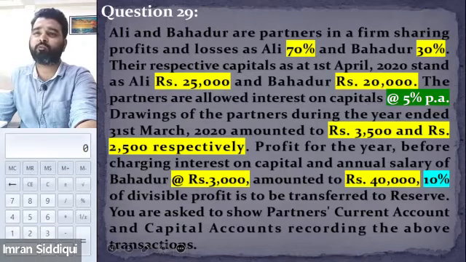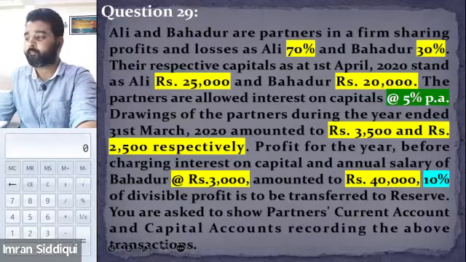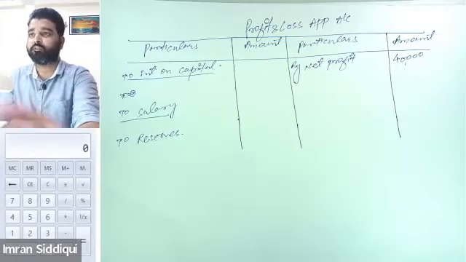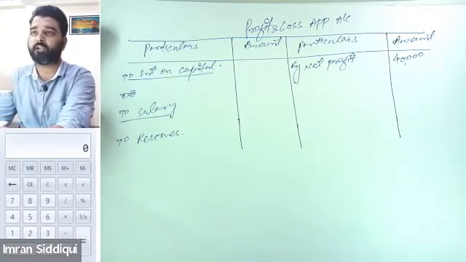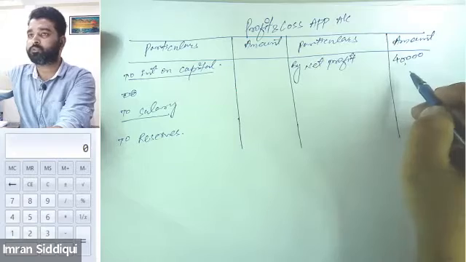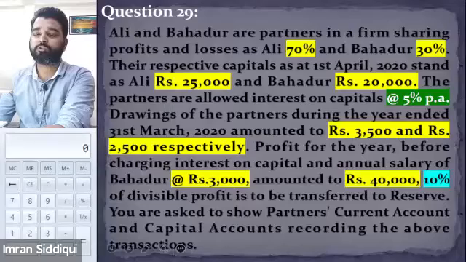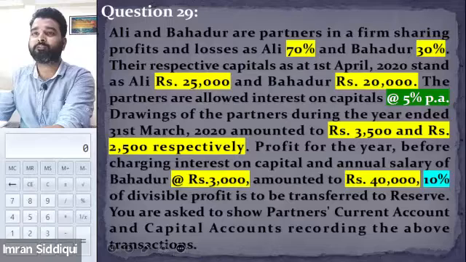So that is what we want for the P&L appropriation: such profit which is before interest on capital and also before annual salary. Since it is already given as 40,000, we will take the entire value and record it in the P&L appropriation, 40,000.